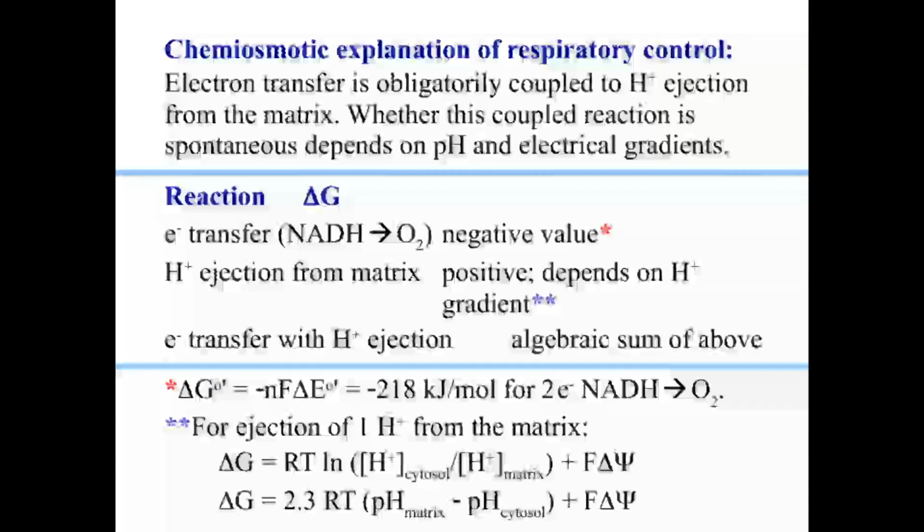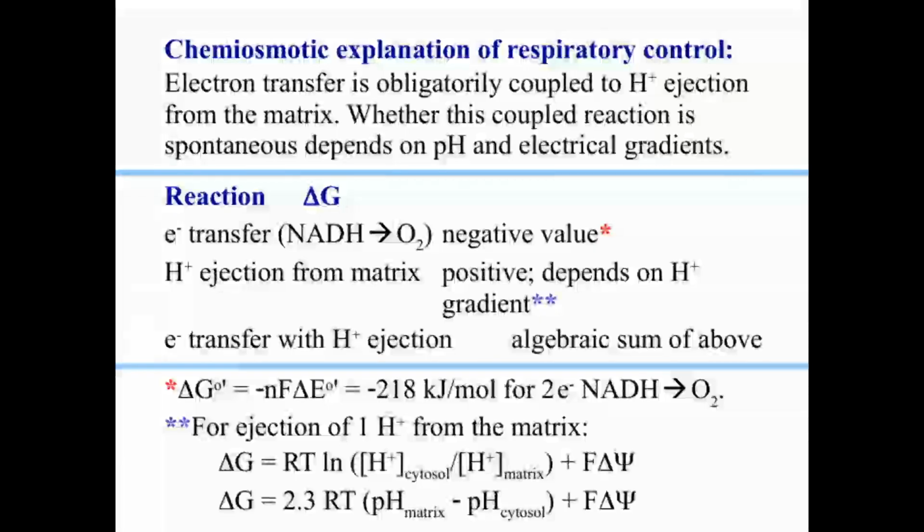To quantify the H+ ejection component, we use this equation. ΔG equals RT times the natural log of the ratio of cytosolic to matrix H+ concentrations, plus the electrical potential term, which is F times the membrane potential. Simplified, it becomes 2.3 RT times the difference in pH between the matrix and cytosol, plus that electrical potential term.